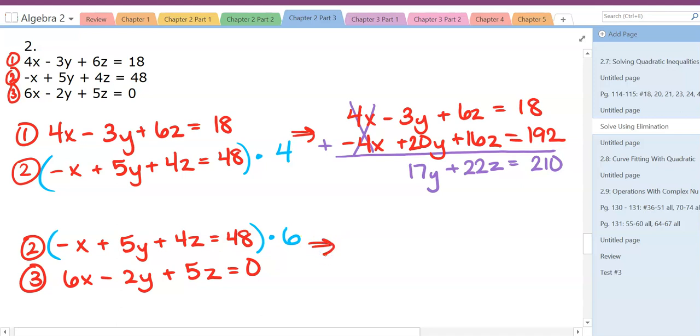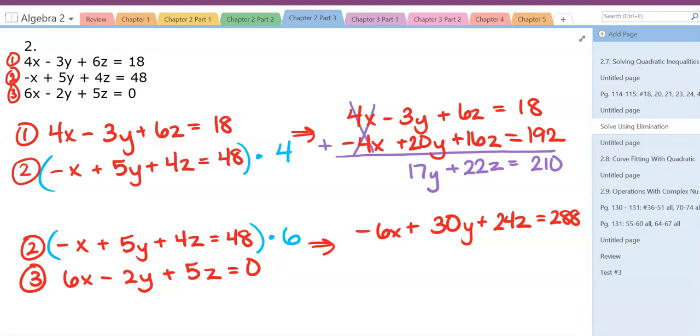Okay, for the bottom one now, we have negative 6x plus 30y plus 24z equals 288. And that bottom equation stays the same.